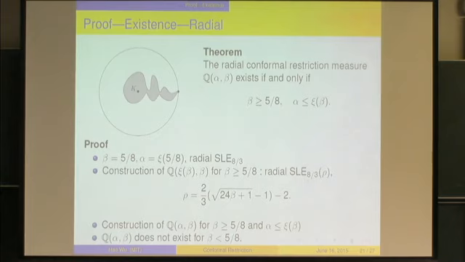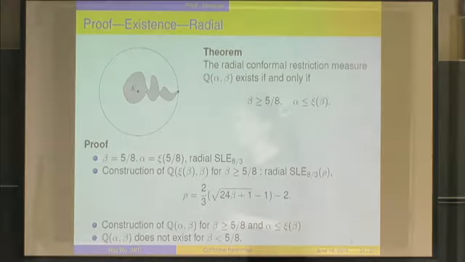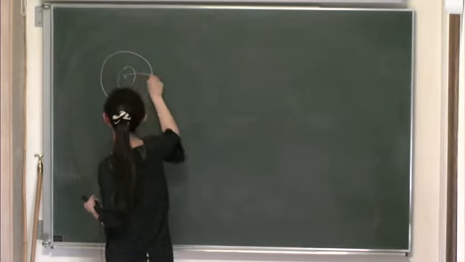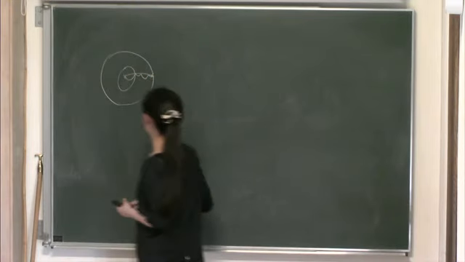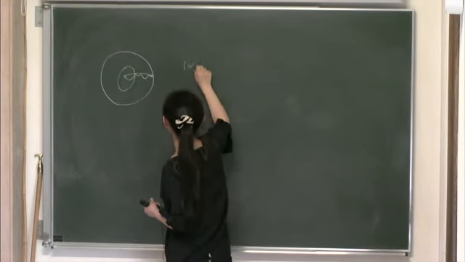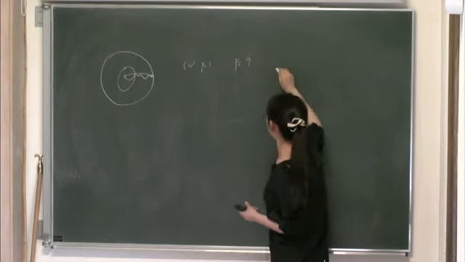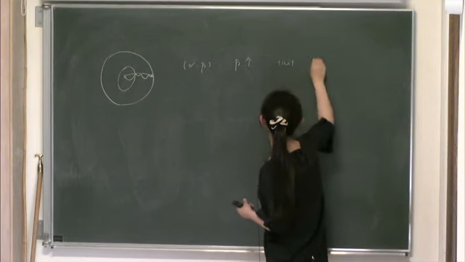So this is all the story about the radial conformal restriction property. Just one more thing I want to say: for the radial restriction measure, this random set has two parts. One part I call the head, and another part I call the tail. For this random set, if beta gets bigger, then the tail gets fatter.